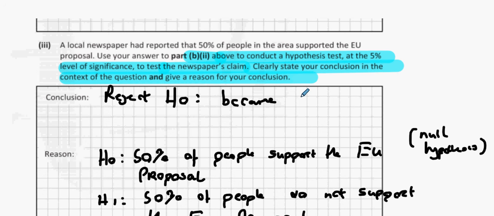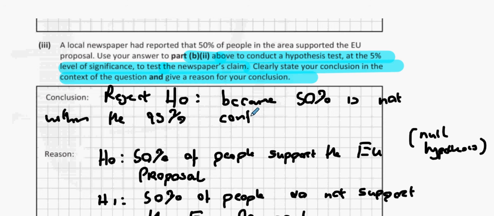Because 50% is not within the 95% confidence interval. Okay, I'll do more of them later on, and I'll send you a link.